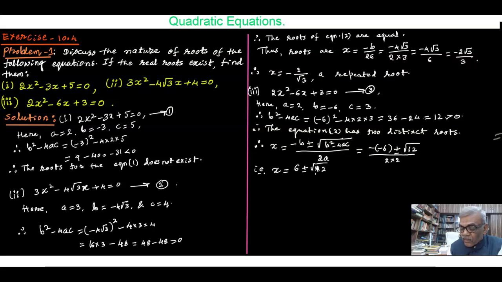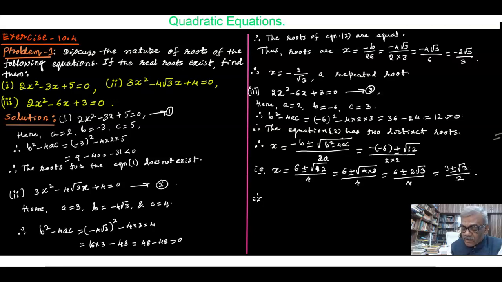I can write one more step: 6 plus or minus root 4 into 3 by 4, that is 6 plus or minus 2 root 3 by 4. Cancelling 2 from the numerator and denominator, we get 3 plus or minus root 3 by 2.